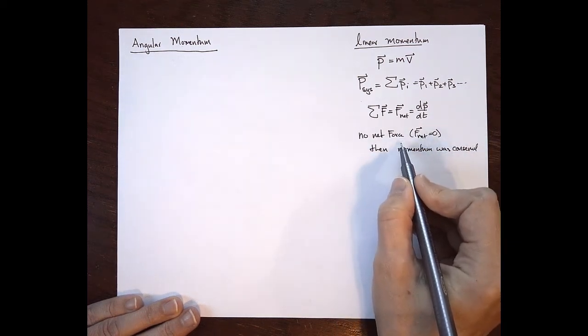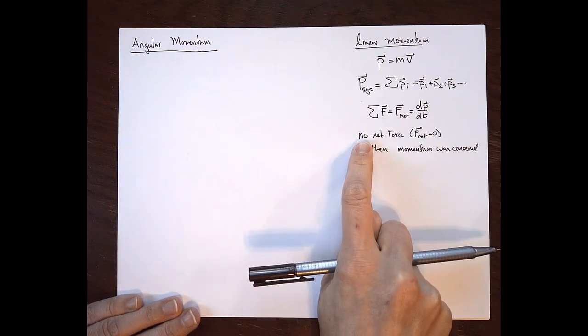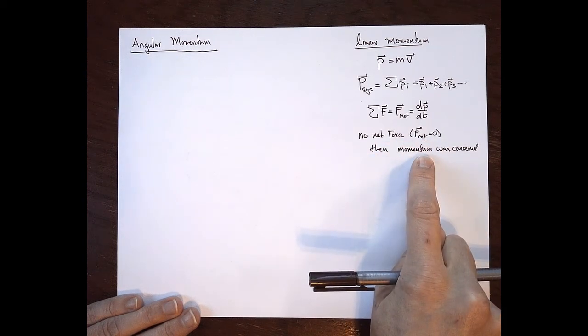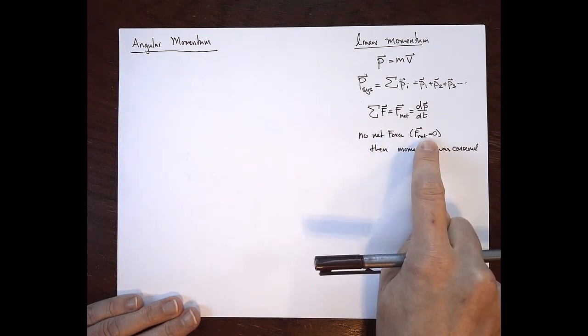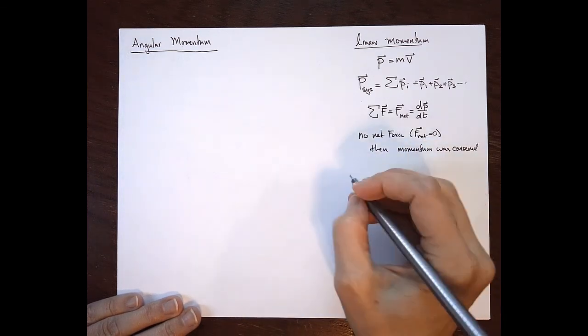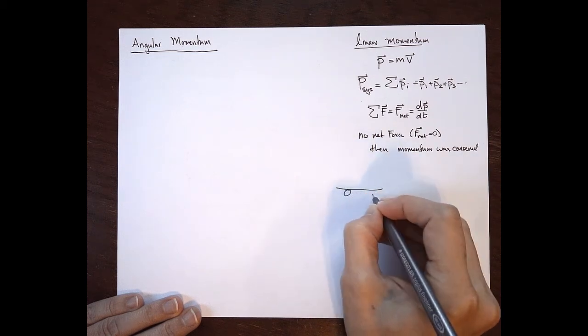This was of course also true for the individual components. So if your x component of the net force was 0, then your x component of momentum was conserved. And if your y component of the net force was 0, then your y component of momentum is conserved.